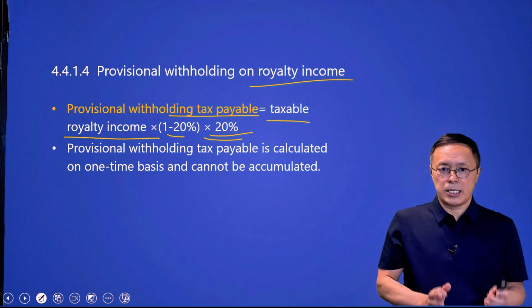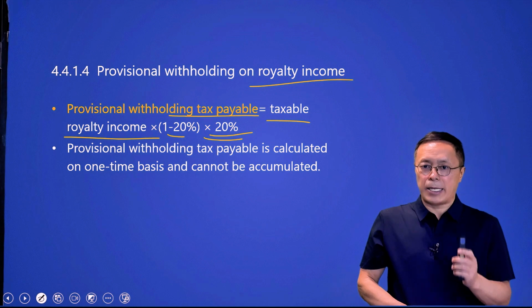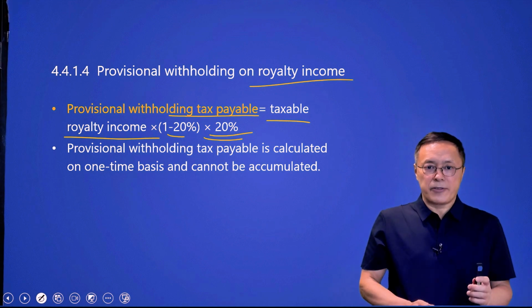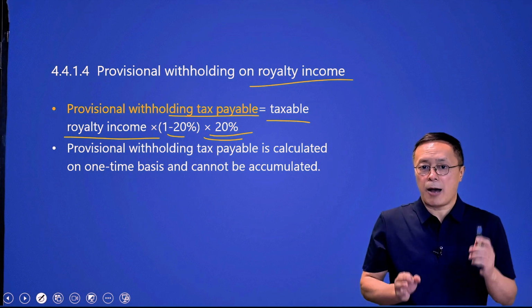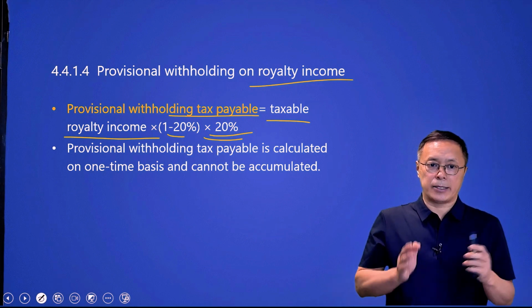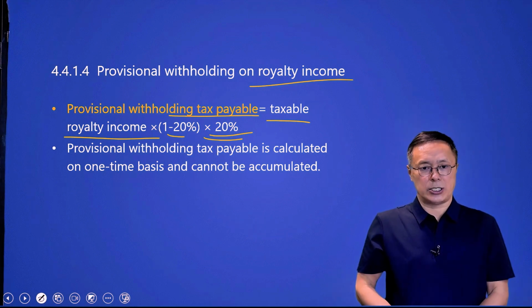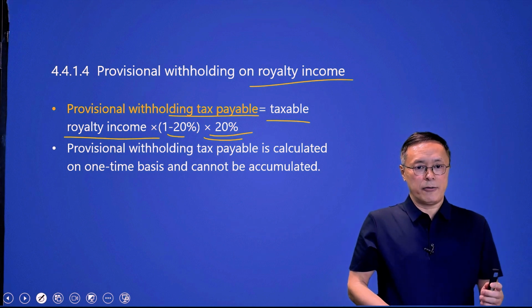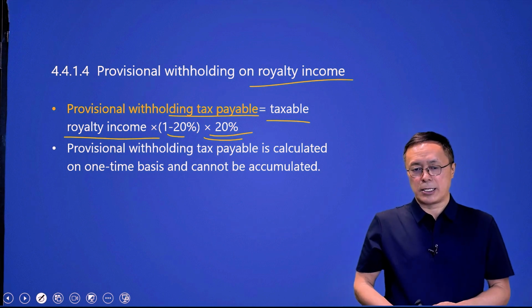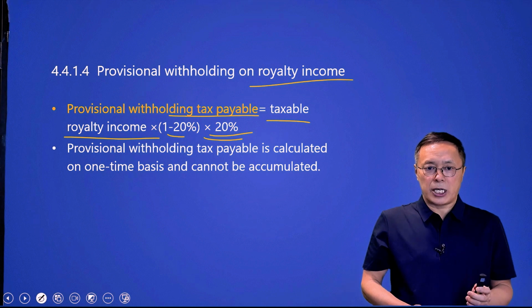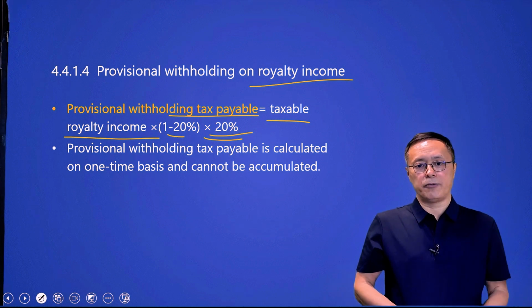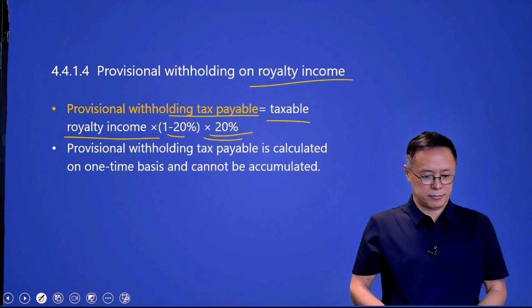We can see that the same as services income and manuscript income, provisional withholding tax payable on royalty income is also calculated on a one-time basis and cannot be accumulated. The formula is very simple. Just substitute the relevant data directly, so we won't discuss it further.